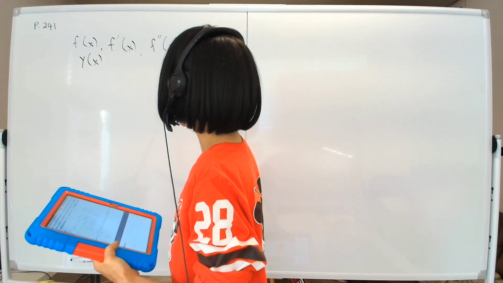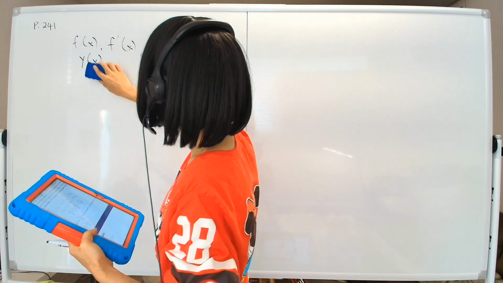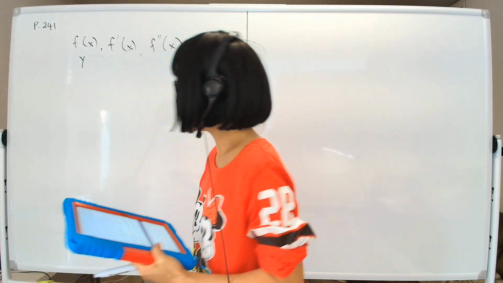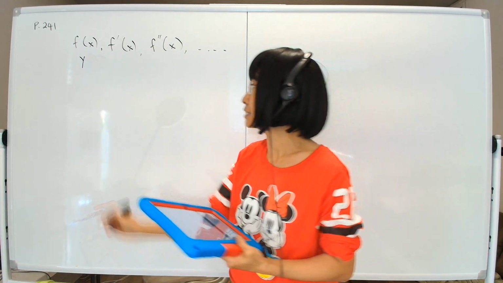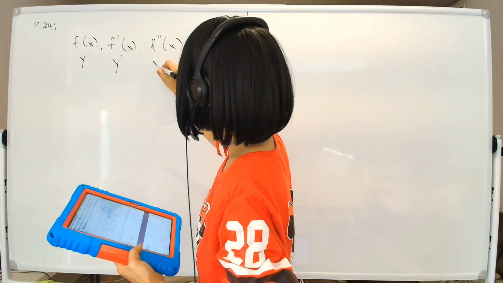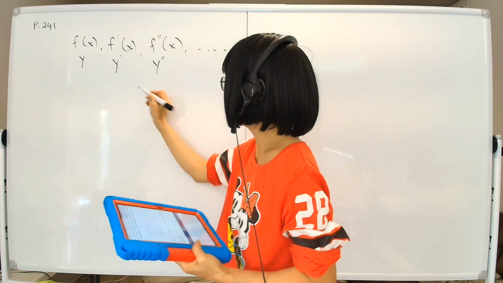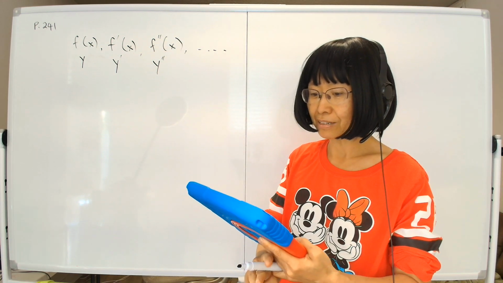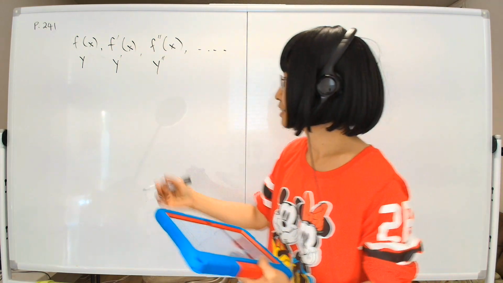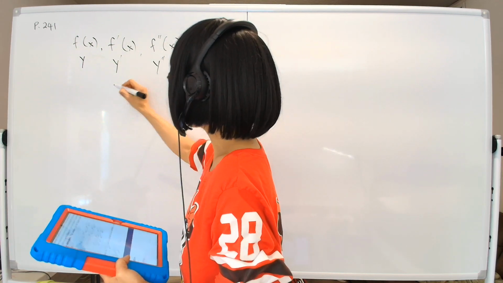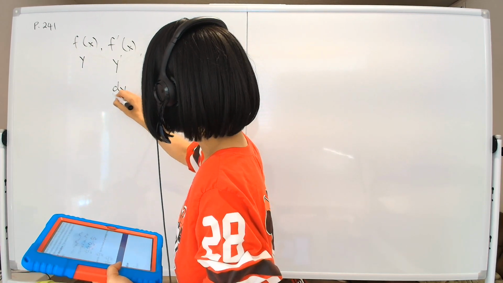Your original function y equals f of x. The derivative is called y prime, and then the second derivative is y double prime, and so on to a million or more, however many you need.